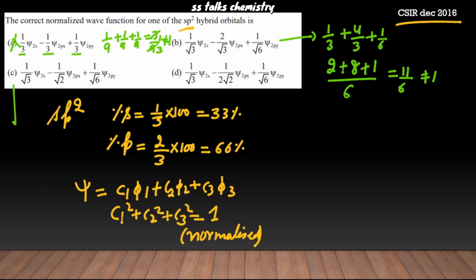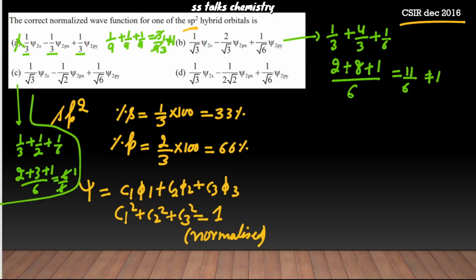Next, the C option, if I see, it is becoming 1 by 3 plus 1 by 2 plus 1 by 6. So it is becoming 2 plus 3 plus 1 upon 6, that is 6 by 6, which is equal to 1. So my wave function is normalized. That means this one I can take into consideration.